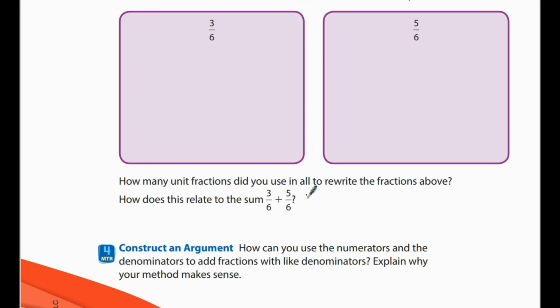So if I have 3/6 plus 5/6, I know that I used 8 units, because 3 plus 5 over 6 is equal to 8 over 6. So I used 8 unit fractions of 1/6. The sum of 3/6 plus 5/6 also uses 1/6 fractions, so they are both in 1/6 unit fractions. So I have a total of 8 sixths.